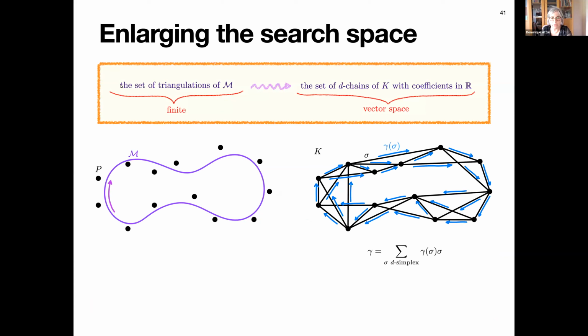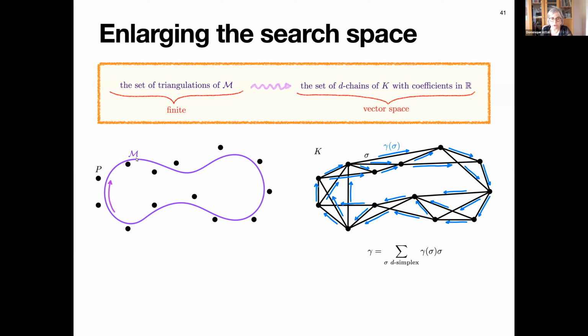That is, we're going to replace the set of triangulations of M with vertices in P, which is a finite set, by a vector space, which is the set of d-chains of K with coefficients in R.